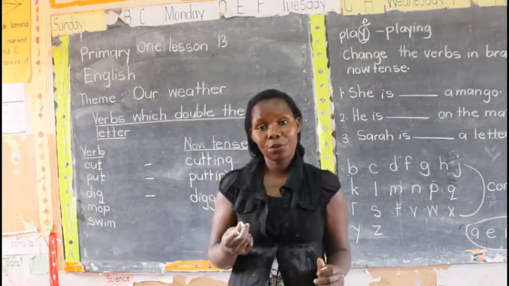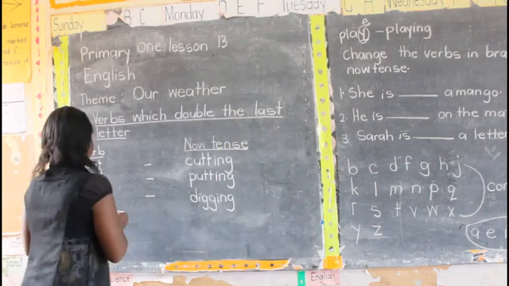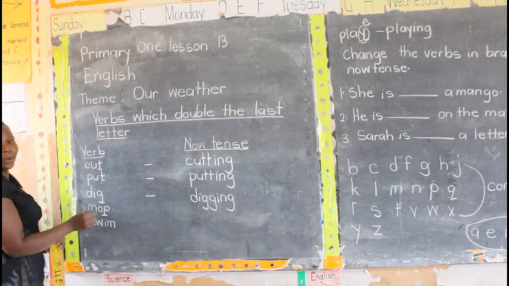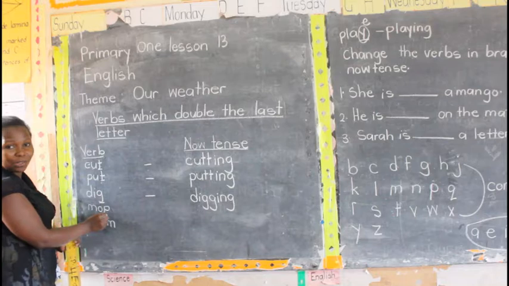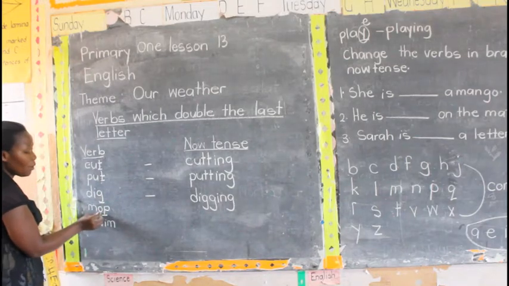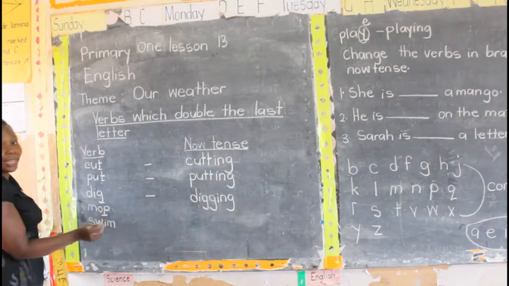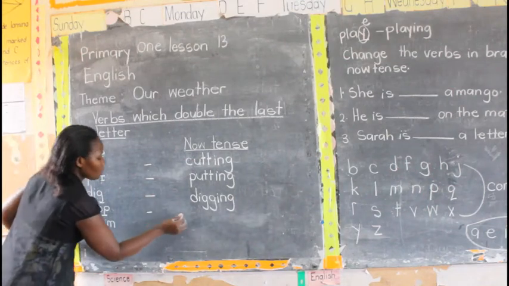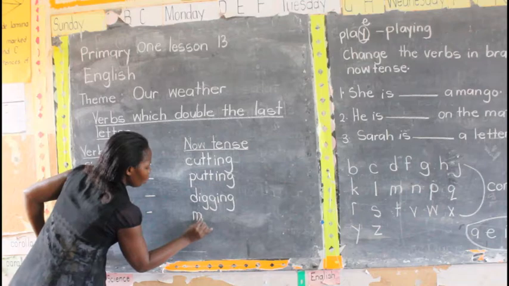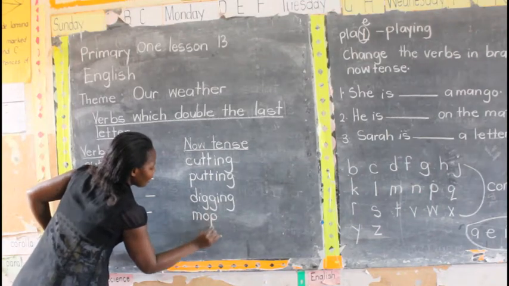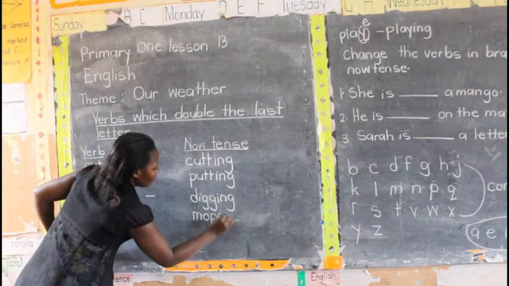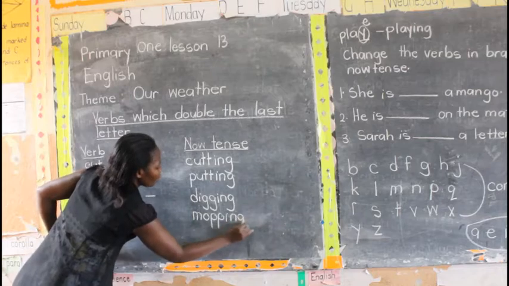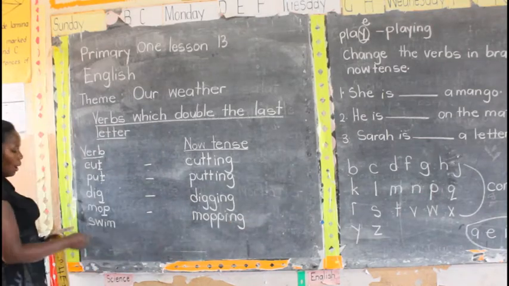Do not get confused. We have mop. Mop. The last letter is a consonant letter, near one vowel letter, and it is sounding as a consonant. Mop. Here we are going to say mopping. We double the last letter. Mopping. We say the double means 2. You make them 2.